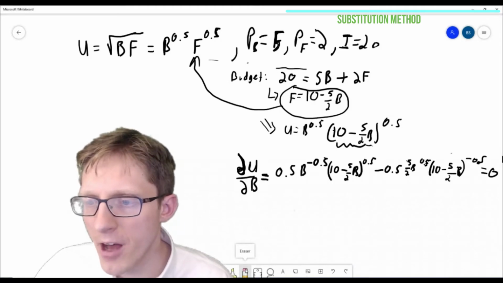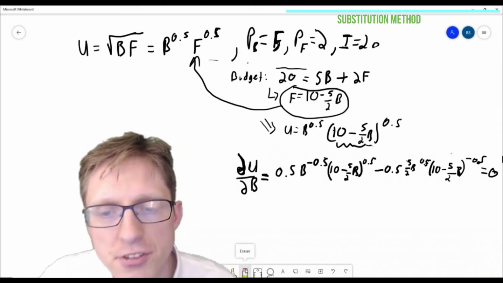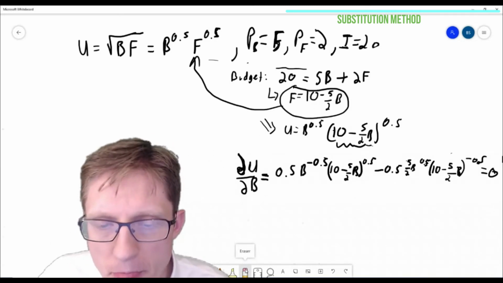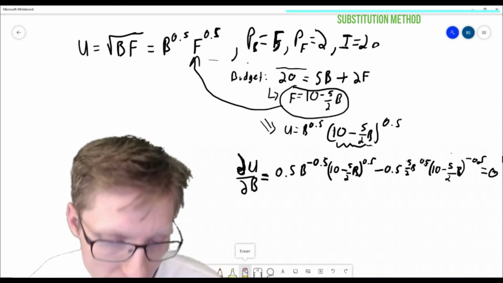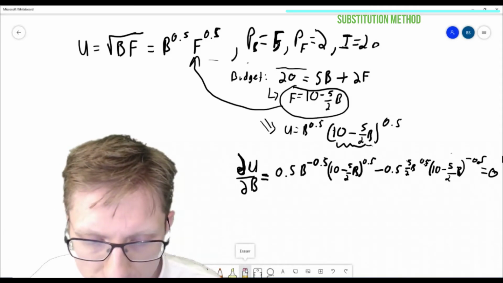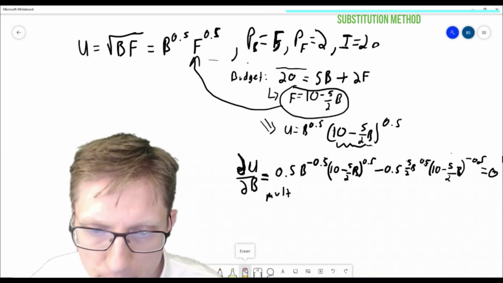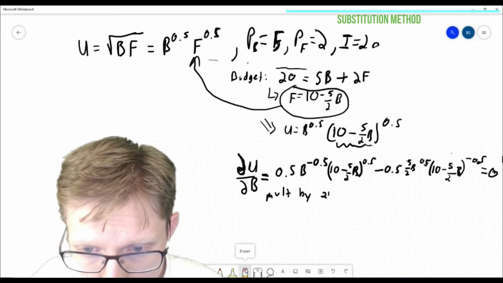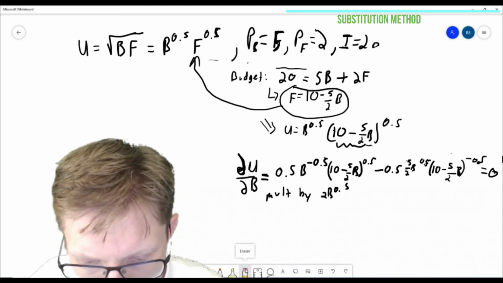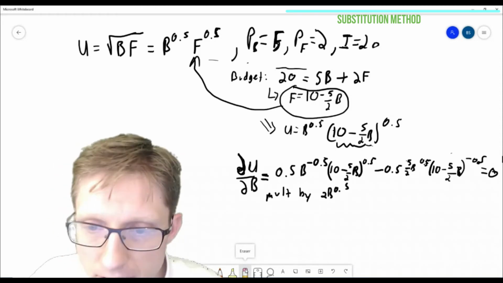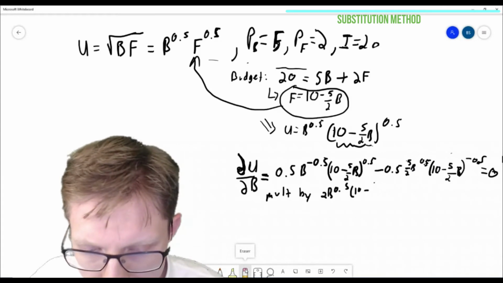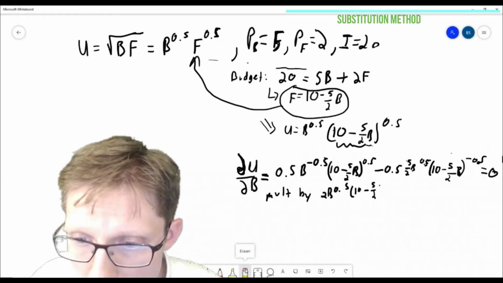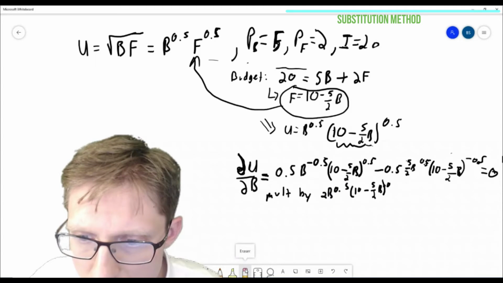Okay, and when we're optimizing, we set the partial derivatives equal to 0. Then we just have to solve for b here. If we were to multiply both sides by 2 b to the 0.5 times (10 minus 5 halves b) all raised to the 0.5, this is going to simplify.